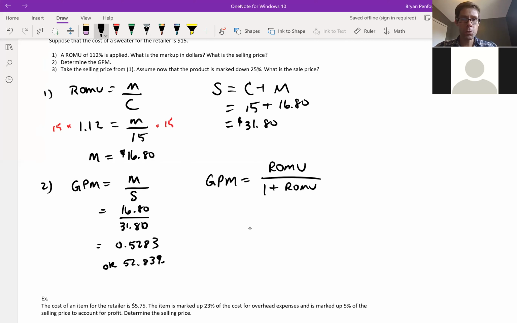If you happen to know what the rate of markup is, you can always utilize this formula to get the gross profit margin if you don't want to deal with the markup and selling price in terms of dollars and cents. So I know the rate of markup is 112%. So I can do the following calculation, and hopefully this gives us close enough to what I would expect the gross profit margin percentage to be.